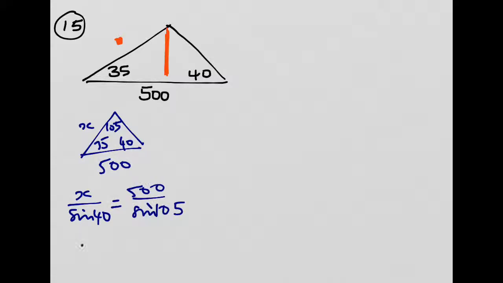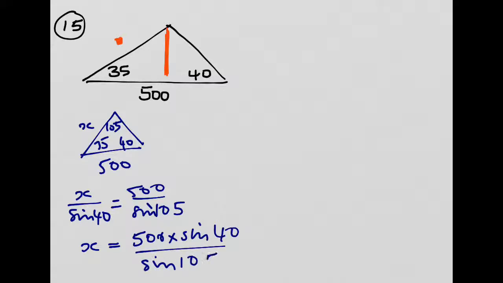Cross multiplying gives us x equals 500 times sine 40 divided by sine 105, which is 333. So we know that this distance here is 333.